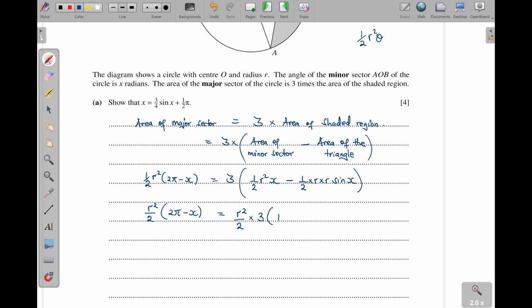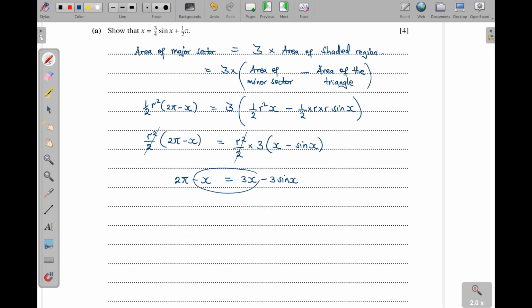Then here I'll have a 1, and then here sine of x. So this one will actually cancel with that one there. Then we have 2 pi minus x, which is equal to, by the way, pardon me, here there is an x, which remained. So we shall have 3x, then minus 3 sine of x, because this 3 is going to multiply everything there.